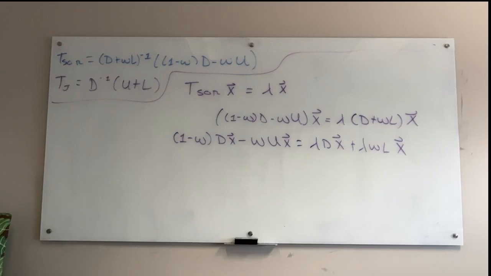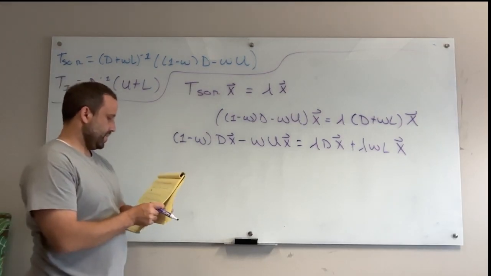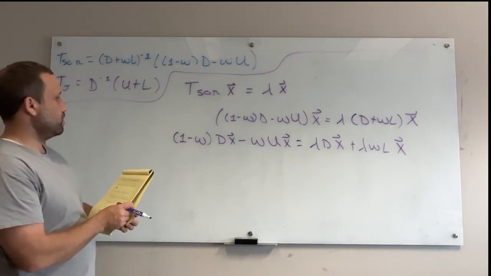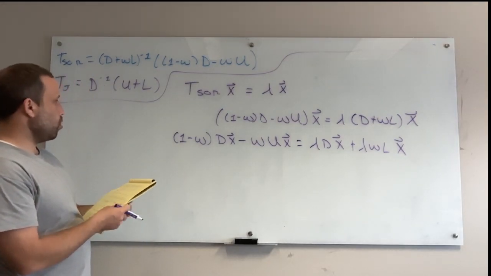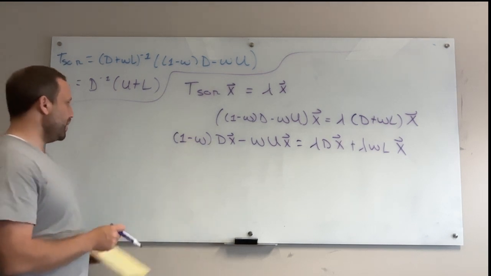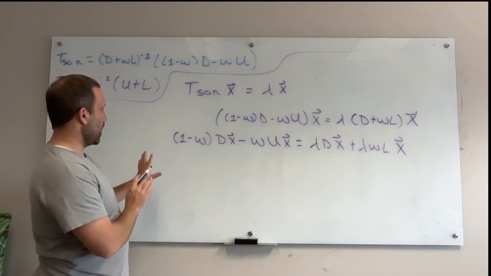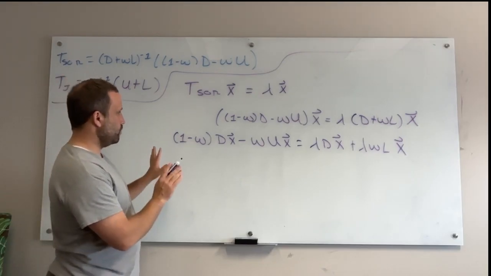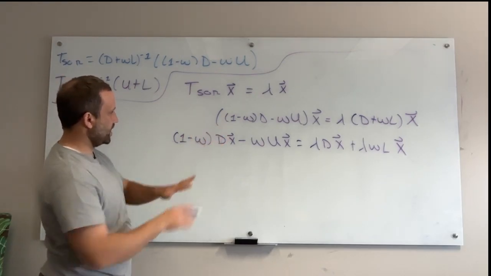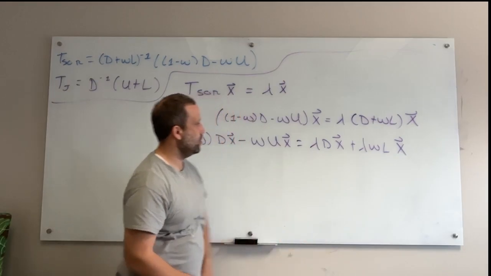Okay, and we're now going to gather things and move them around a little bit. We're going to organize things in terms of the D matrix, so we're going to move everything with a D over to the right side.